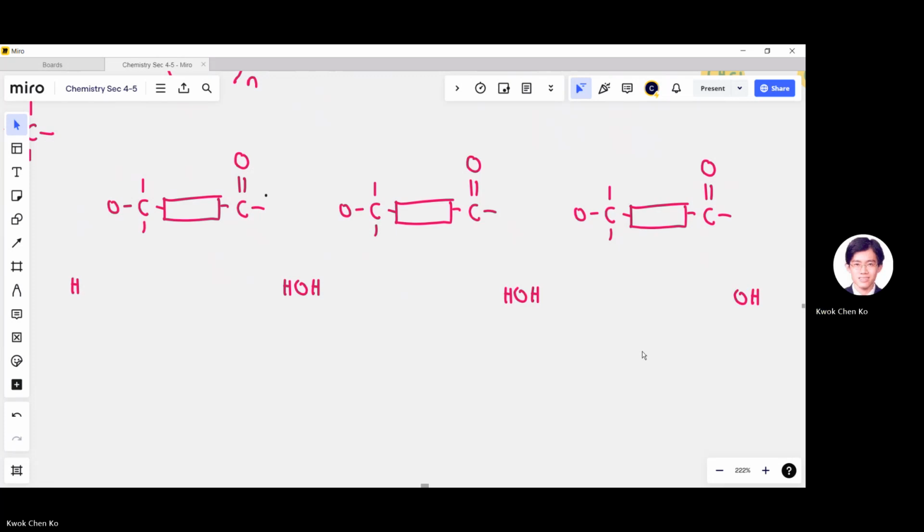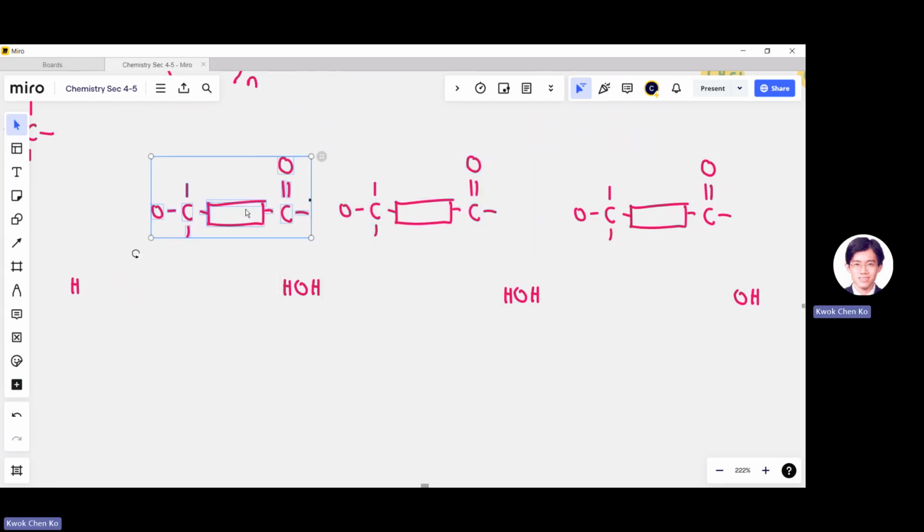What next? This bond cannot be just floating there. It must join to somebody else. Guess what? They join together.